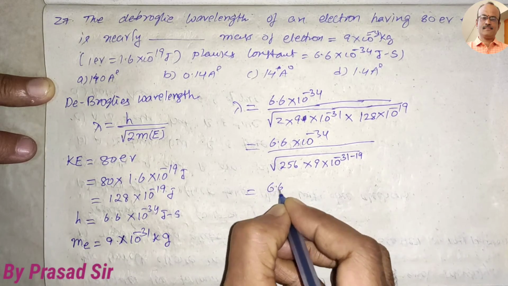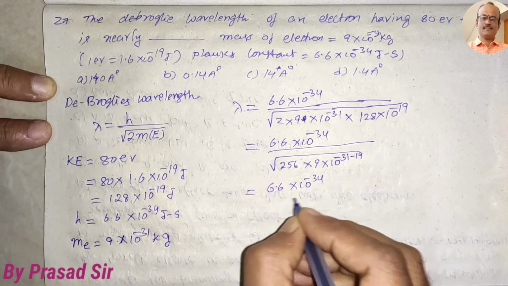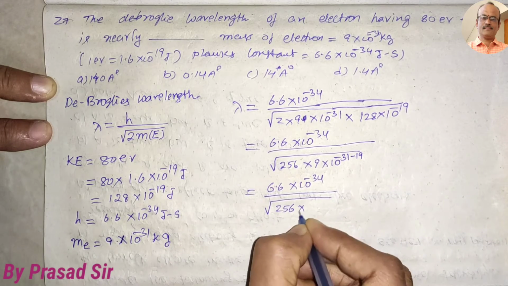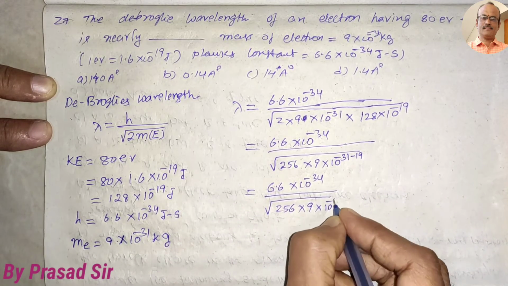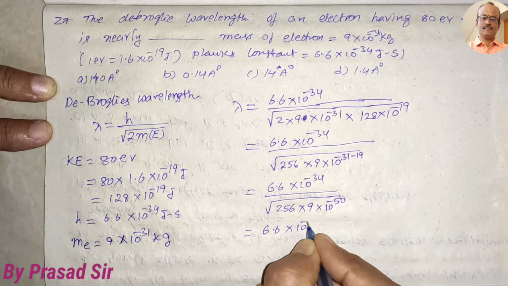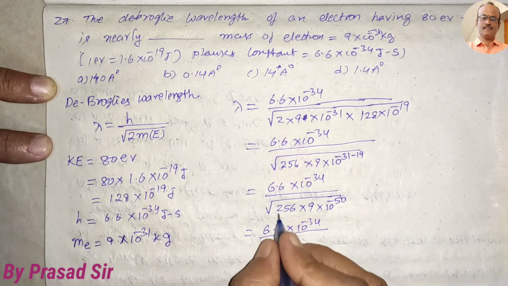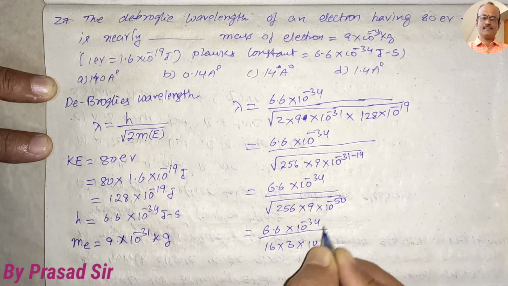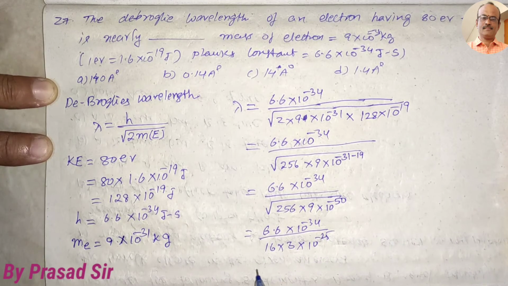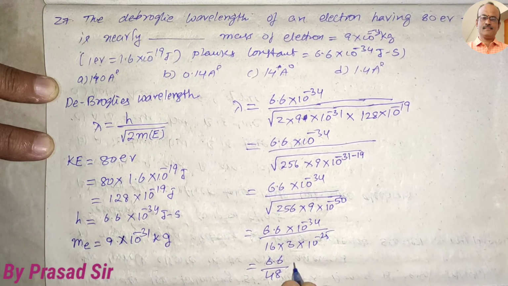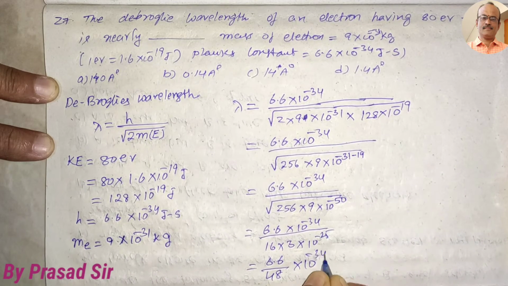So that is equal to 6.6 into 10 to the power of minus 34 divided by square root of 256 into 9 into 10 to the power of minus 50. Here the root of 256 is 16, the root of 9 is 3, and the root of 10 to the power of minus 50 is 10 to the power of minus 25. So it is equal to 6.6 divided by 48 into 10 to the power of minus 34 plus 25.